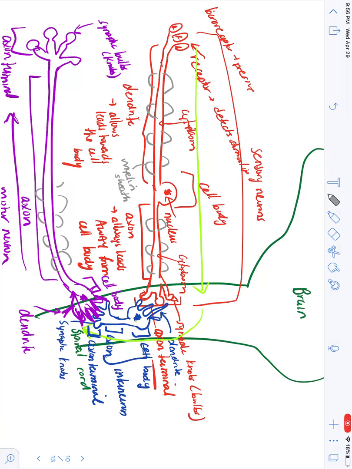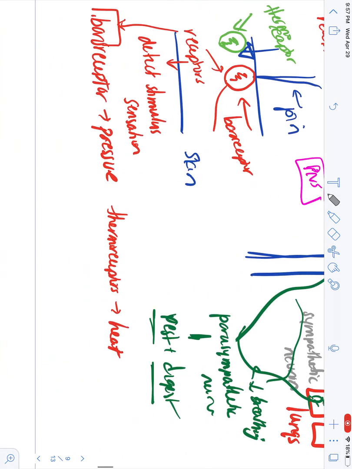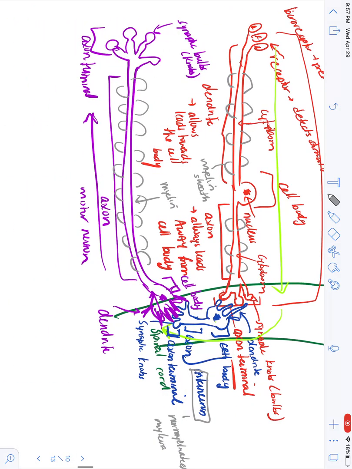And you find this myelin on the motor neuron and the sensory neuron, and you can see it's surrounding the axon and part of the dendrite of the sensory neuron. Notice that I'm not drawing any myelin on the interneuron because interneurons can be both myelinated or non-myelinated, okay?